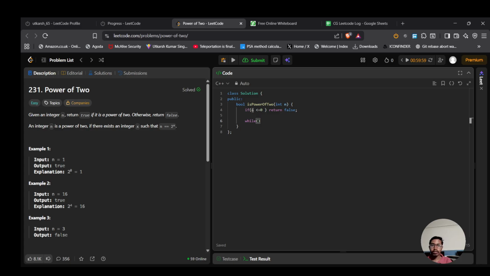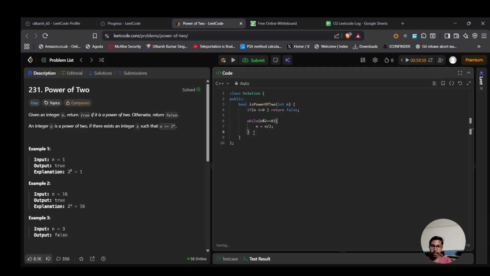The while loop will run as long as the number is divisible by 2. So how can we understand that a number is divisible by 2? It is simple. If n modulus 2 is equal to 0, then the number is divisible by 2. Simple. So we need to update n by dividing it by 2.